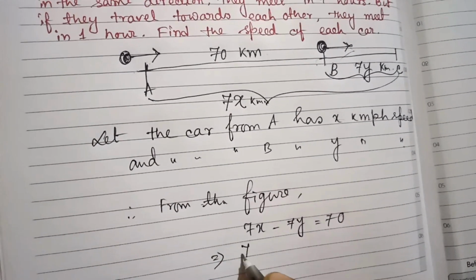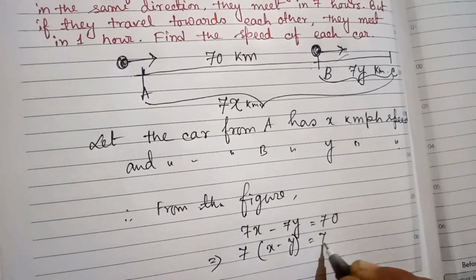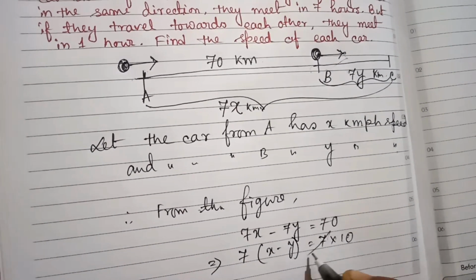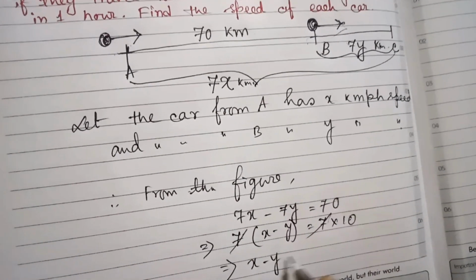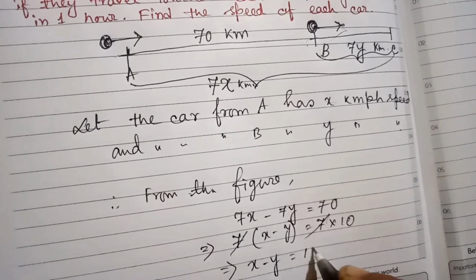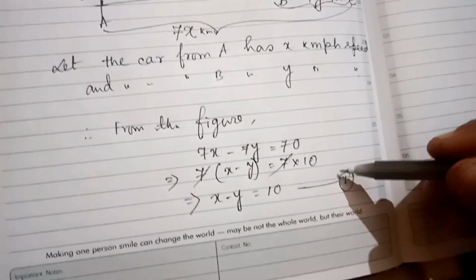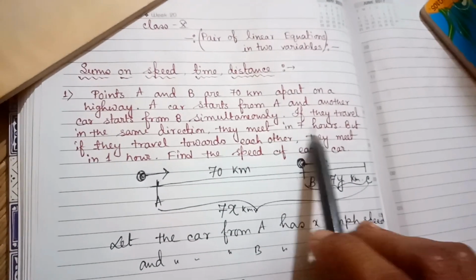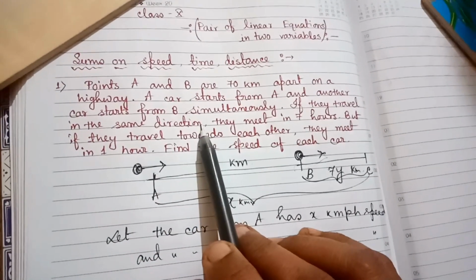So we can take 7 common: 7 into (x minus y) equals 7 into 10. 7 will be cancelled out. We are left with x minus y equals 10, and that's equation number 1. So we have got this equation from the first condition of traveling in the same direction.